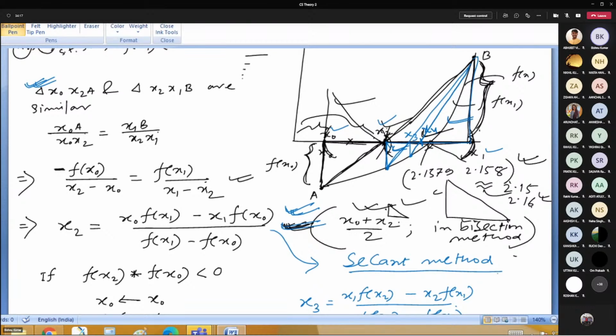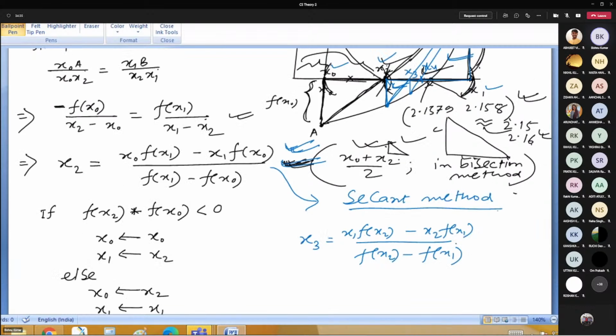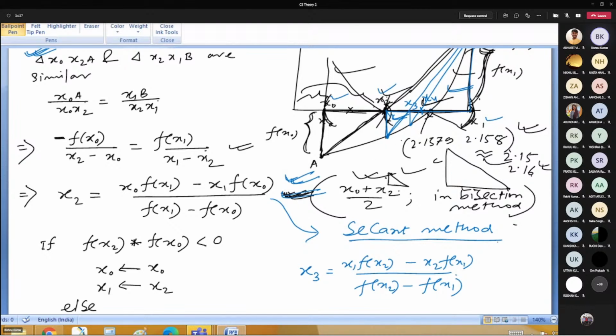These updated points are approaching the point where the graph cuts the x-axis. The logic is like the Newton-Raphson method. This is the step-by-step iteration process. In every iteration, the updated points approach the solution, where the graph cuts the x-axis.